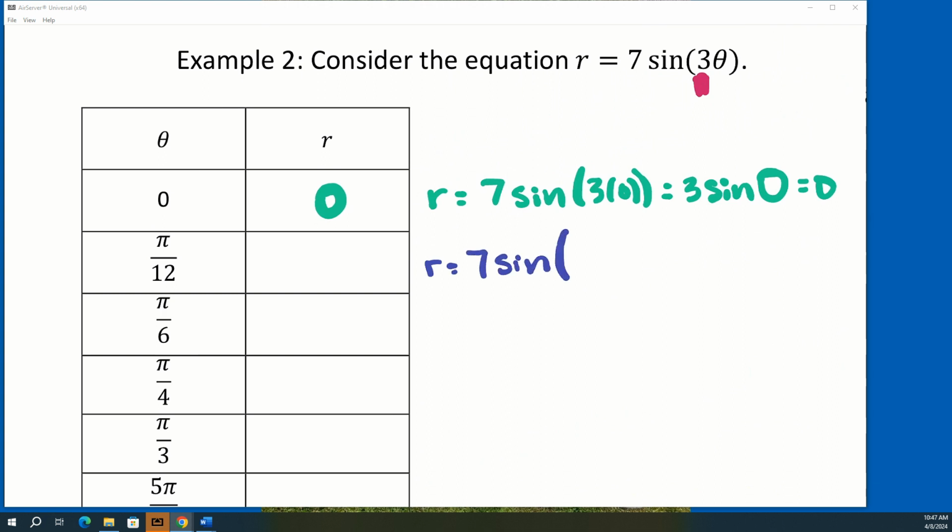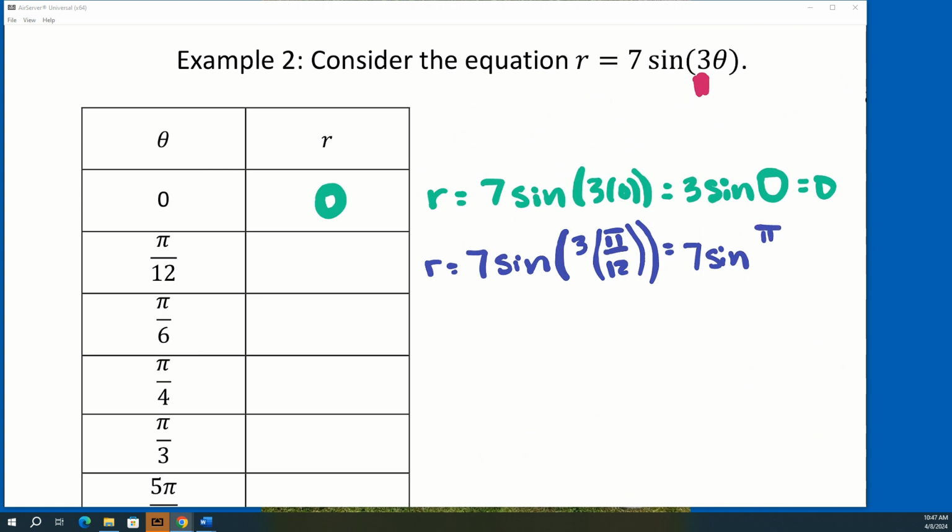The next one, I'm going to do pi over 12. So I'm putting pi over 12 in for theta. We have to do some reducing on this one. If I have a 3 in the numerator and a 12 in the denominator, how is that going to reduce? 1/4, or 4 in the denominator.